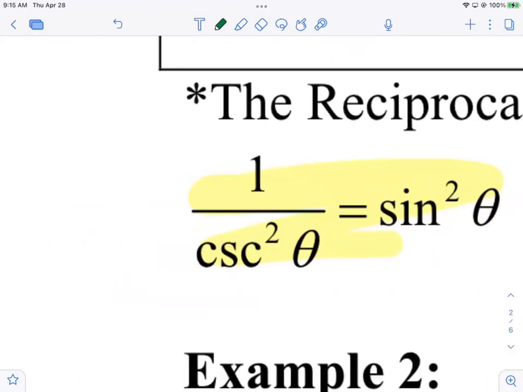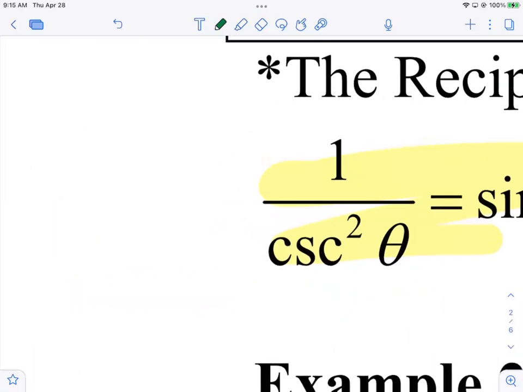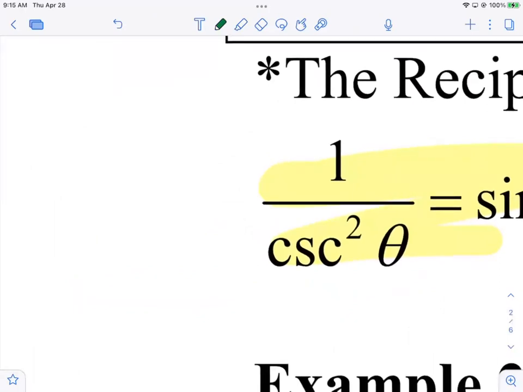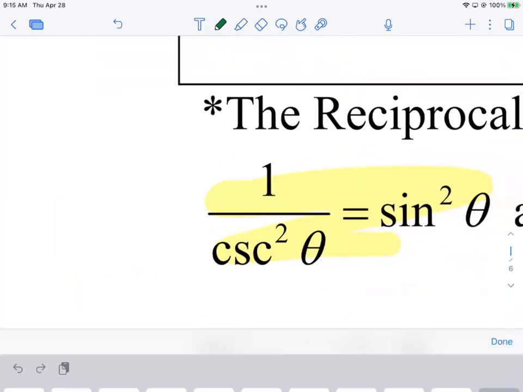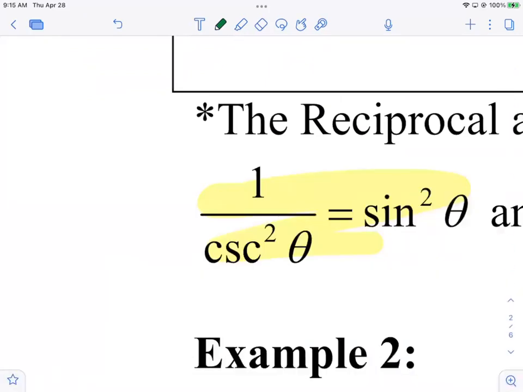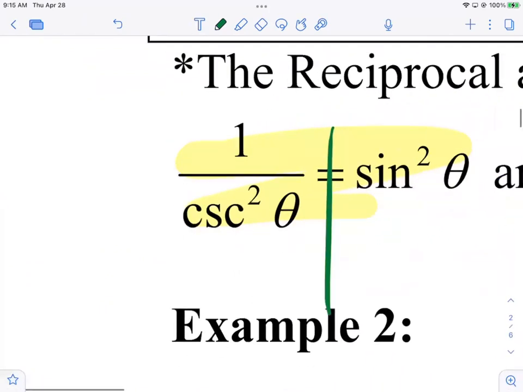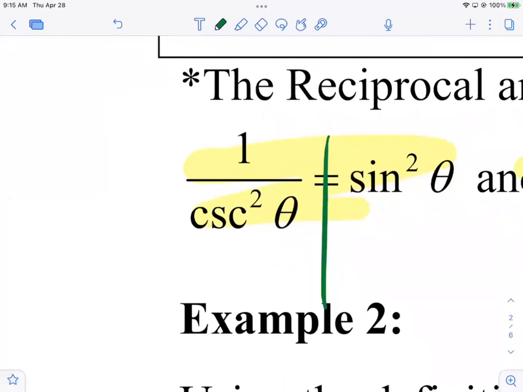So for instance, if you wanted to know what 1 over cosecant squared was, well, that's equal to sine squared, because 1 over cosecant squared is the same as 1 over cosecant times 1 over cosecant. Let's actually prove that real quick. So here we go.